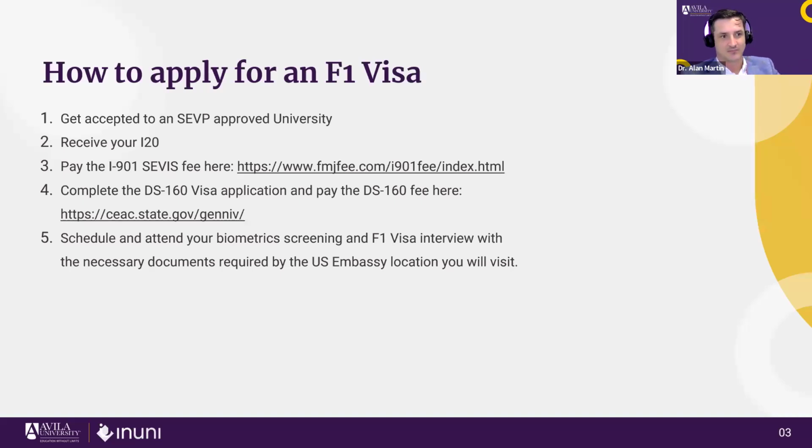Once you receive that, you then pay the I-901 SEVIS fee. Once that is paid and you have printed your receipt and made a copy of that, it is time to complete and submit the DS-160 application and pay that fee. Then you're ready to schedule your visa interview appointment, and then you can attend that.